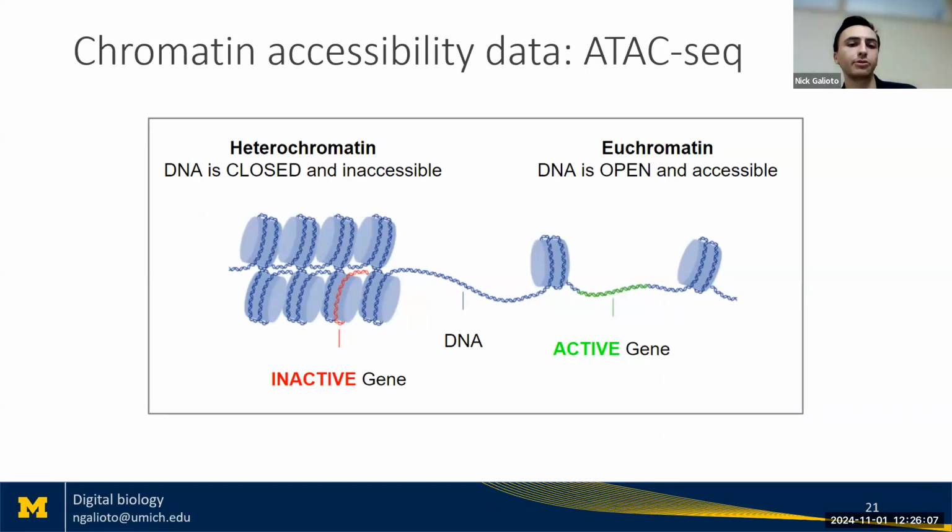That's what's known as heterochromatin. And if it's very open, then there's more space for things to bind and they can produce the RNA molecules, and that's known as euchromatin. So we can also measure this and get a 1D vector corresponding to the length of the genome that shows where things are heterochromatin and where the chromatin is euchromatin.